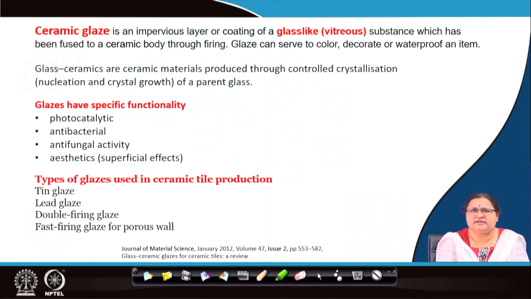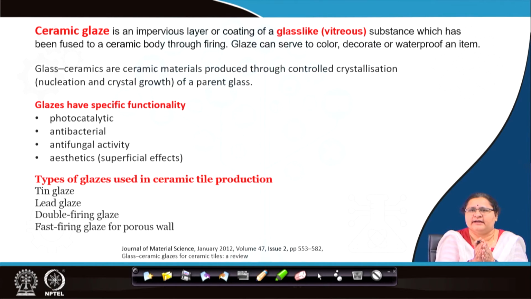this gives the specific functionality. This layer is fused, that is, you cannot separate it out, it has mixed with the main body of the clay tile, the compacted clay tile. So, this glazing will not come out.